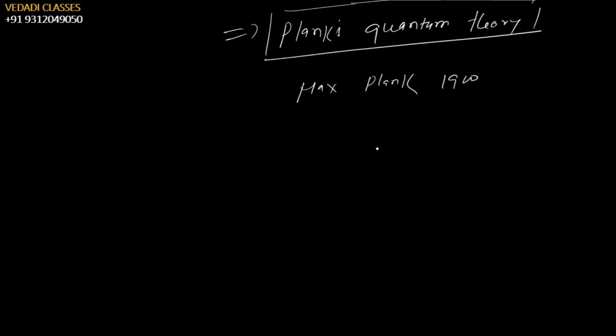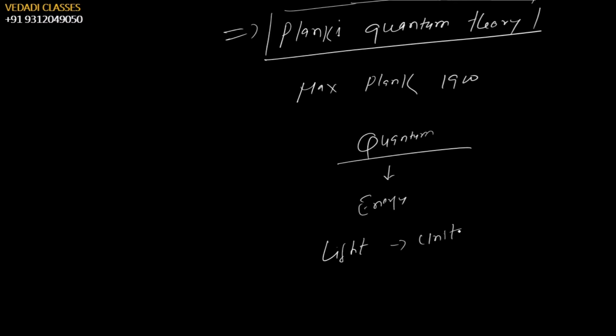Quantum means what? He used the term quantum here. Quantum is related to energy. Energy for light, the unit of energy, light is also a source of energy. So for light, the unit will be the photon. He has used the term photon here.